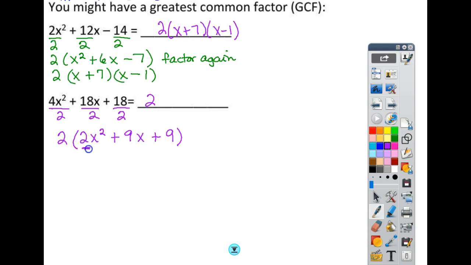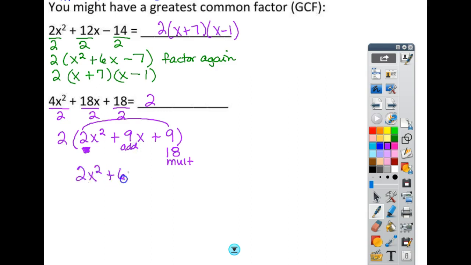Now we still have a leading coefficient here. That's kind of a bummer, but we know how to do that. We have to include that 2 in our calculations. So what is 2 times 9? 18. What multiplies to 18 that adds to 9? 6 and 3.